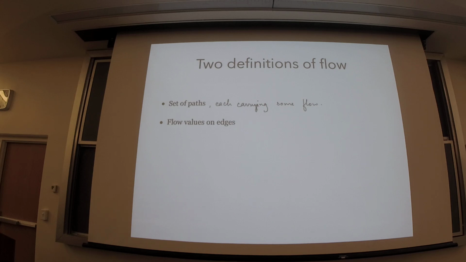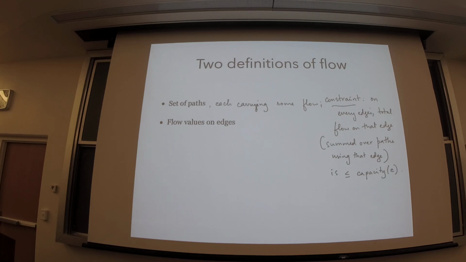And the constraint here is the natural one, which is that on every edge, the total flow on that edge, summed over paths that use that edge, is less than or equal to the capacity of e.